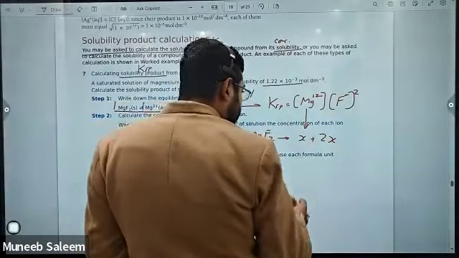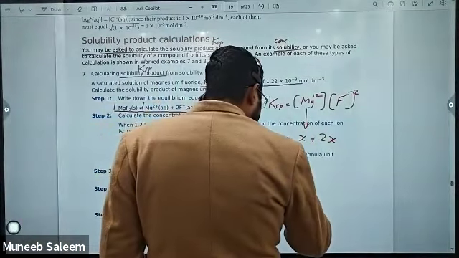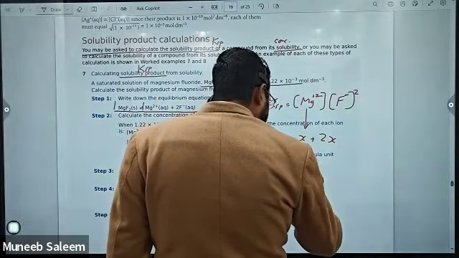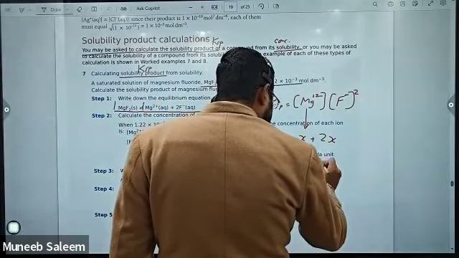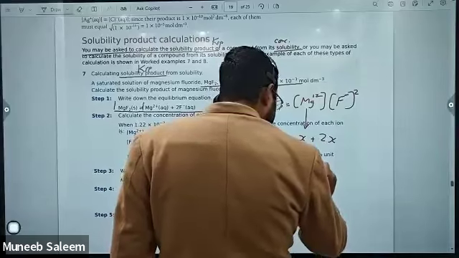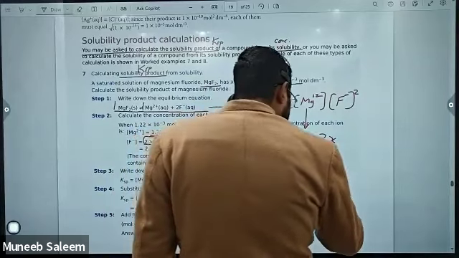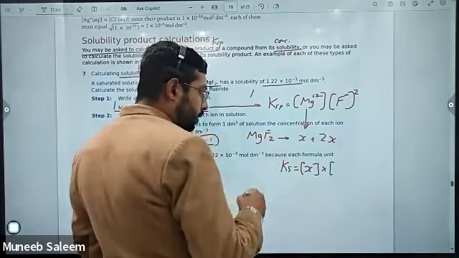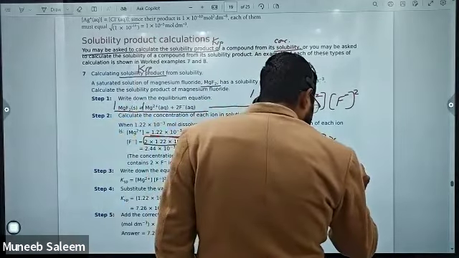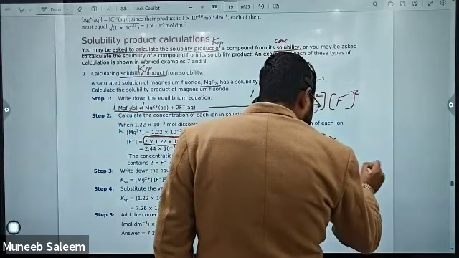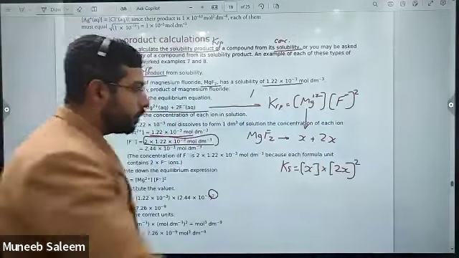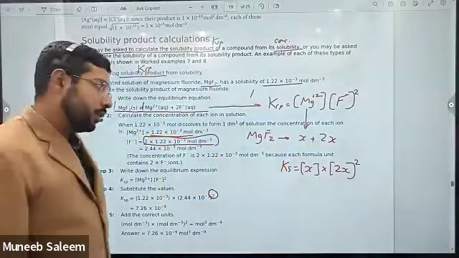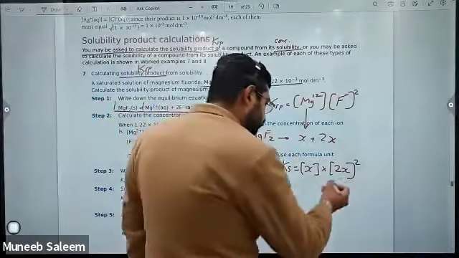And when we were applying the KSP, we said that it is basically the concentration X times 2X squared, since 2 also needs to be converted into the power.